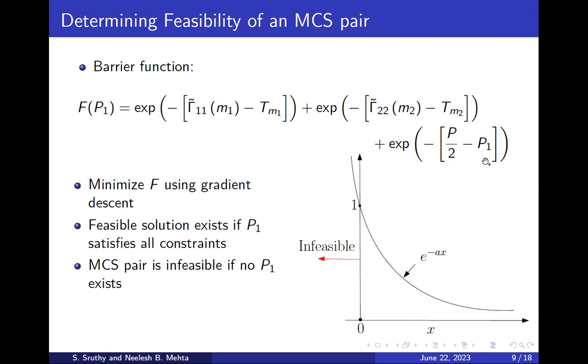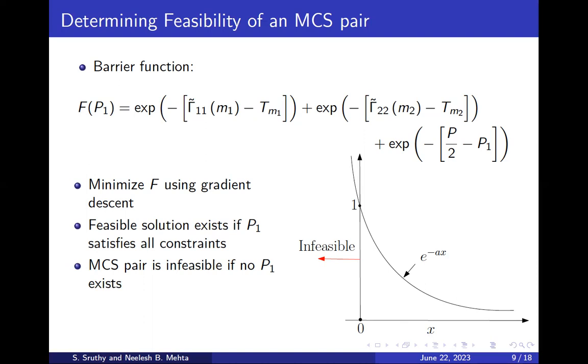This is the SIC stable constraint. And whenever the inequality is not satisfied, the exponential function blows up. So we try to minimize f using gradient descent. A feasible solution exists if P1 satisfies all the constraints we have listed in the problem statement. And we say that an MCS pair is infeasible if no such P1 exists.